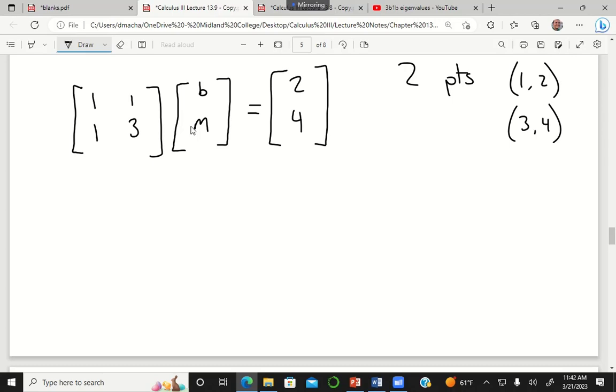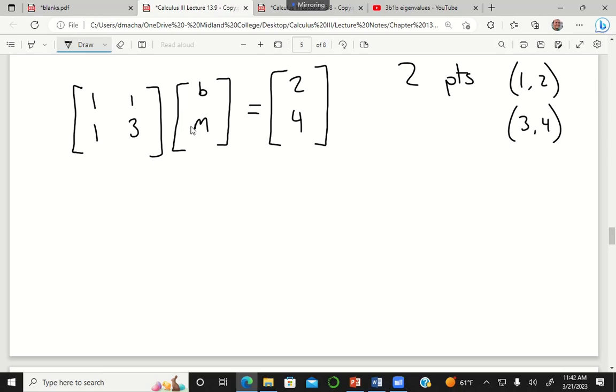So if you think about how I get this 2 entry using matrix vector multiplication, I would take the dot product of the first row and this vector. So it would be b times 1, which is just b, plus m, my slope, times my x variable. And that should be equal to the corresponding y value.